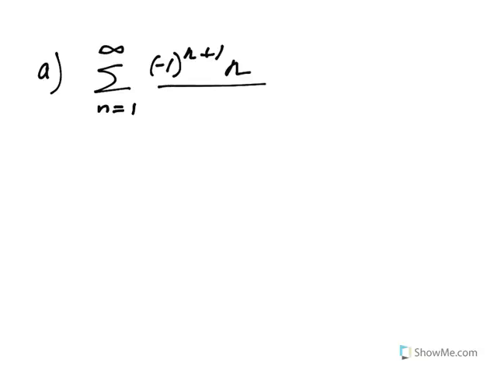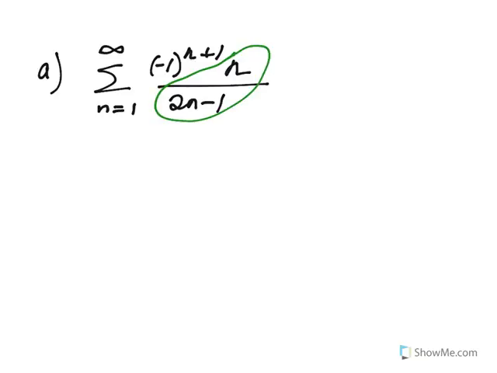So I want to show you example 16, and I'm going to start with 16a. You have this alternating series with n plus 1, and then n over 2n minus 1. So we're going to focus on this part.